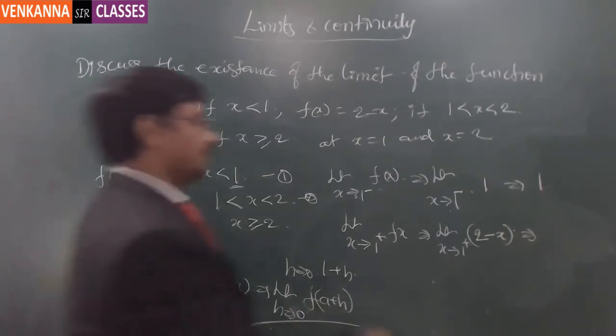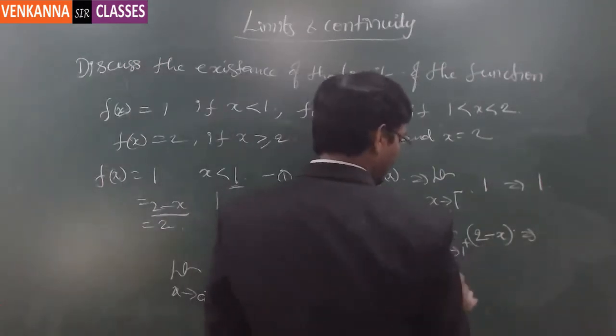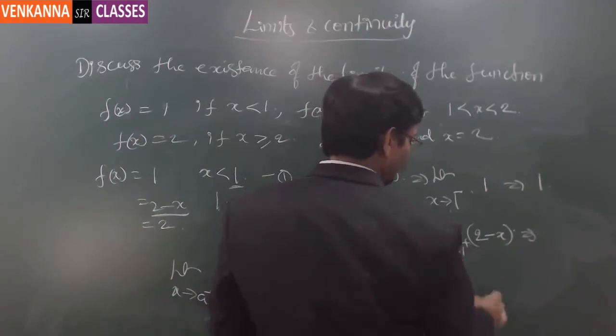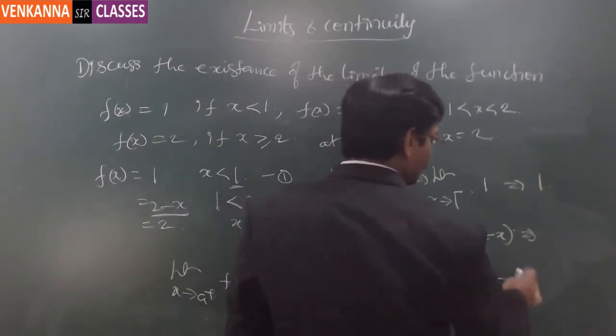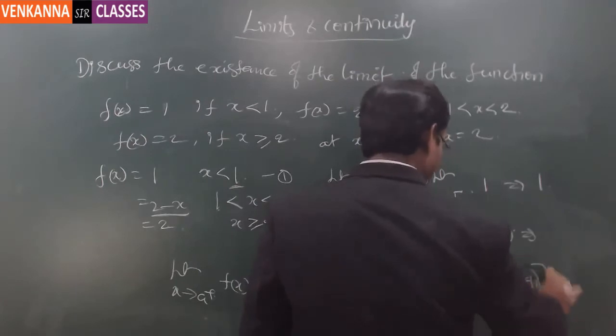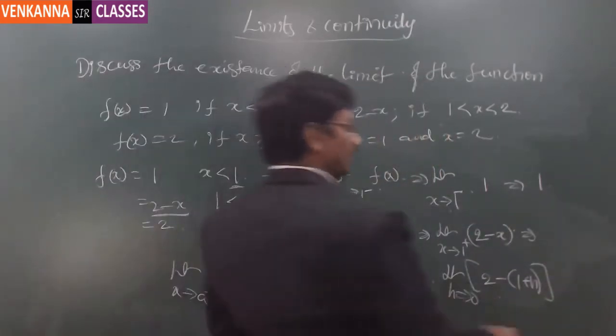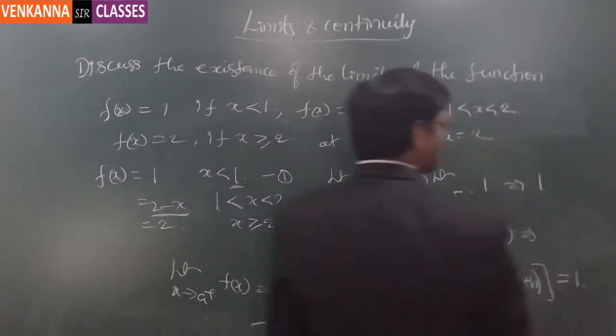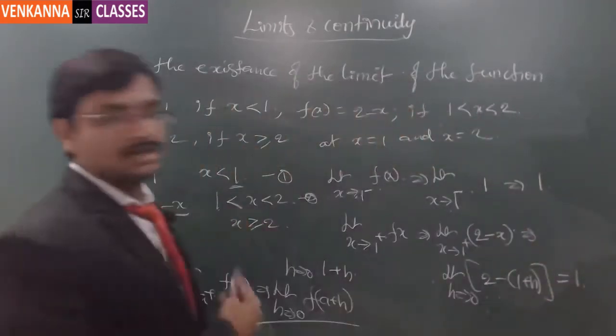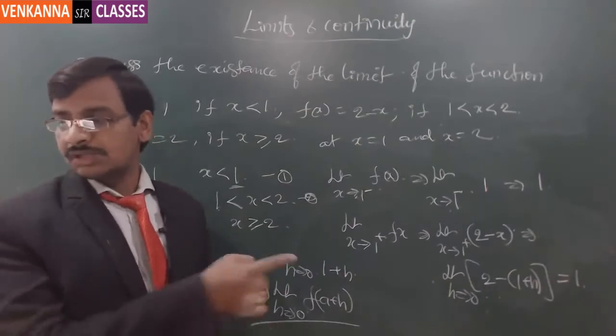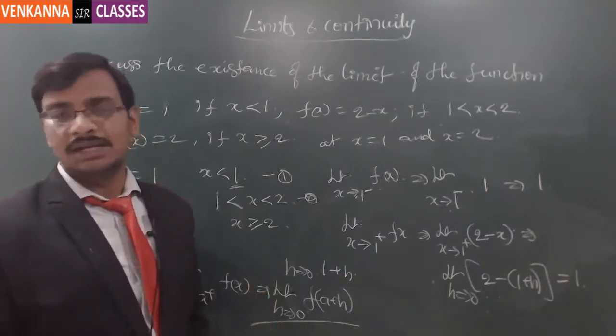So here then it will be limit h tends to 0, then 2 minus 1 plus h, so h tending to 0. This way, this value is coming out to be 1. So both left limit and right limit are equal. Hence we say that the function limit exists at x is equal to 1.